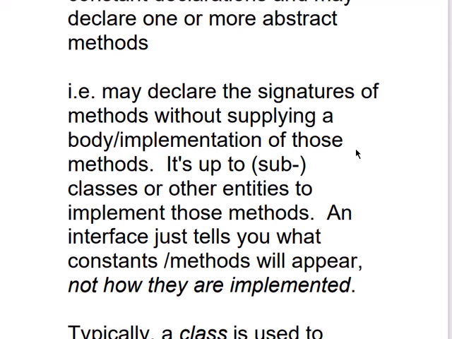Nothing is said about the definition of the methods. It will be up to the subclasses or other entities to implement those methods. An interface just tells you what constants and methods will appear, not how they are implemented.